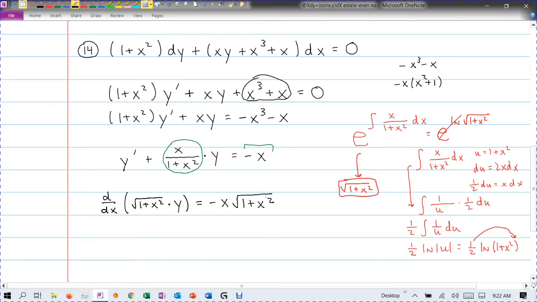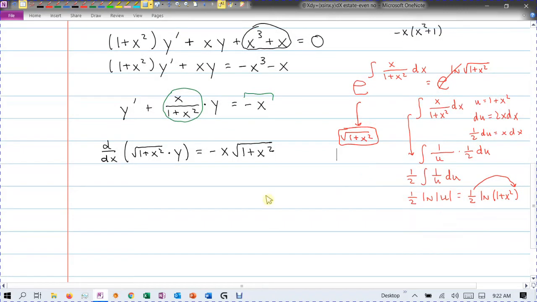There it is. All right, time to integrate that with respect to x. So when I integrate the left-hand side, I get square root of 1 plus x squared times y equals the integral, I'm going to pull the negative out, of x root 1 plus x squared dx.